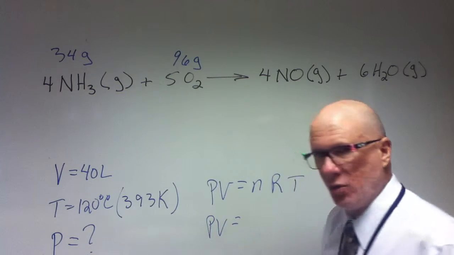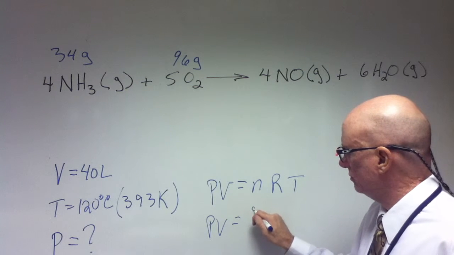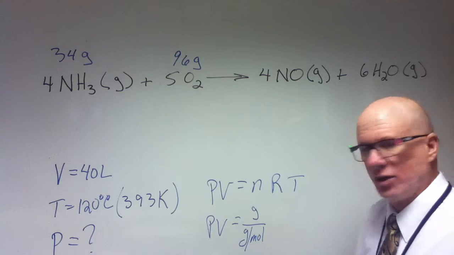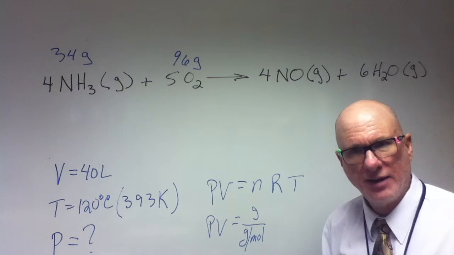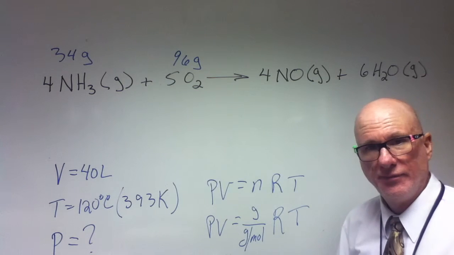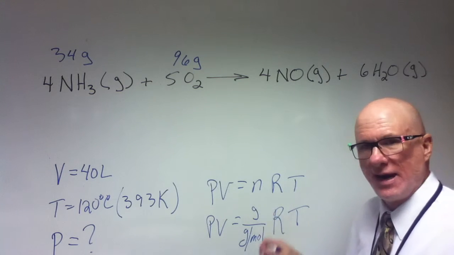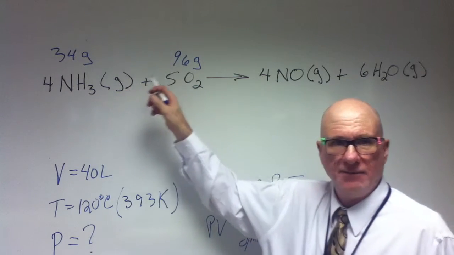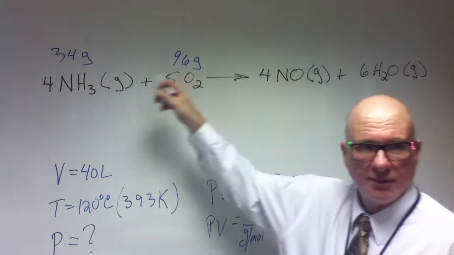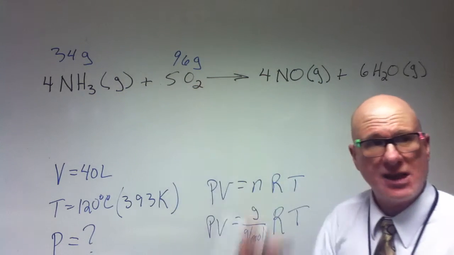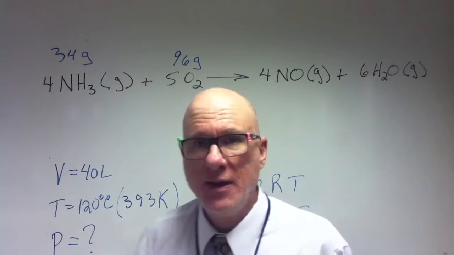PV equals grams over gram molecular weight, right? So here's my grams and moles. So isn't that the relationship we use? And it is. This is the ideal gas equation.